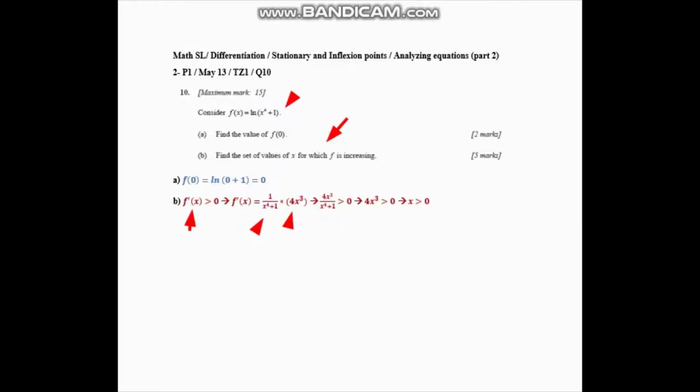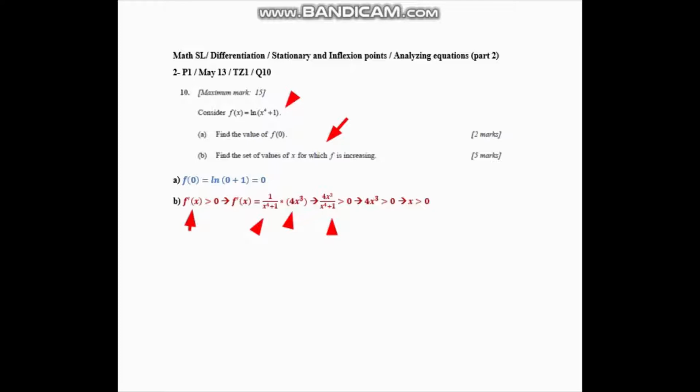And I simply rewrote the function in a single fraction here. This is a simplification step. And we said before that in a fraction, if a fraction is equal to 0, then the numerator is equal to 0. Similarly, if a fraction is greater than 0, then the numerator has to be greater than 0, provided that, as is the case here, the denominator is always positive.